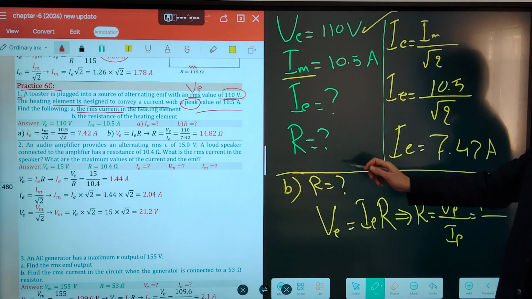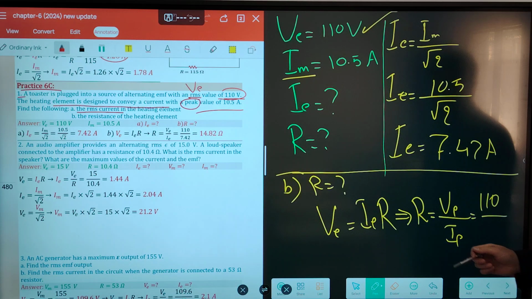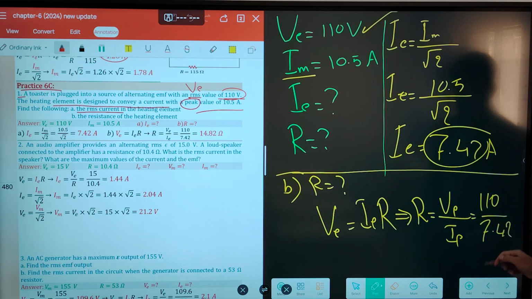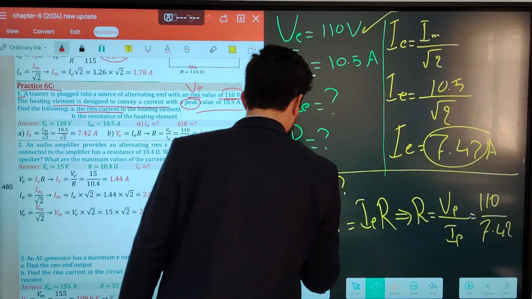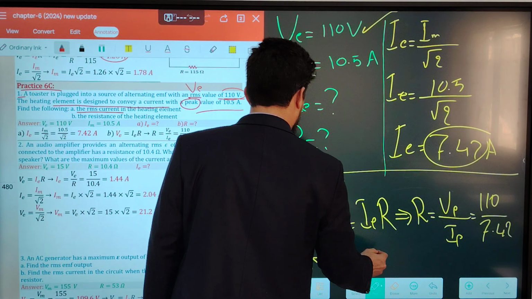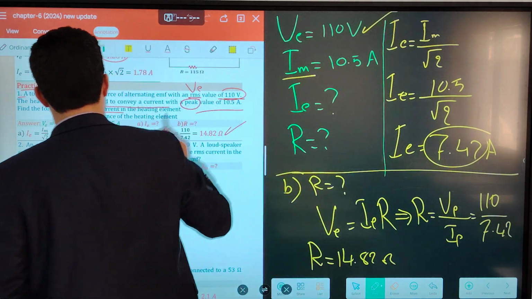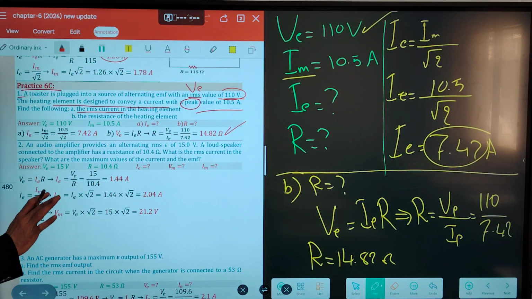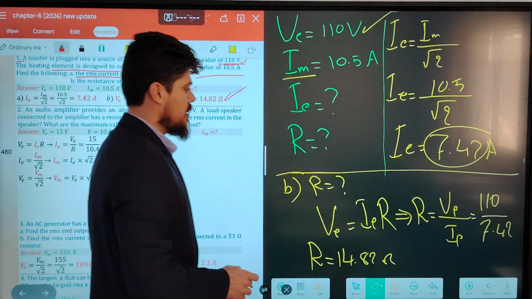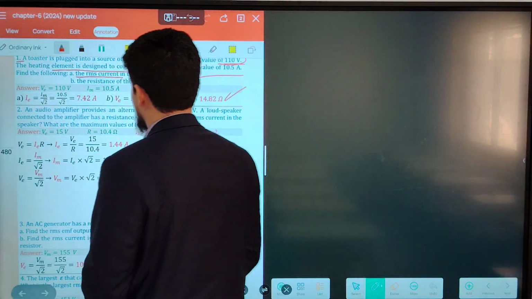Do we have the effective current? We didn't have it, but we found 7.42. Resistance of the resistor is equal to 14.82 ohm.